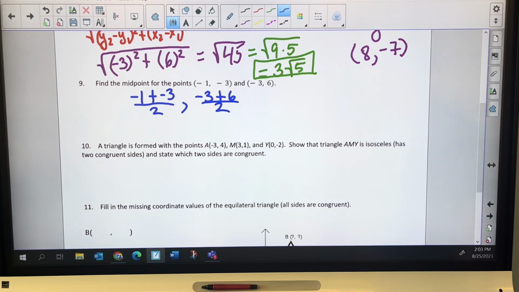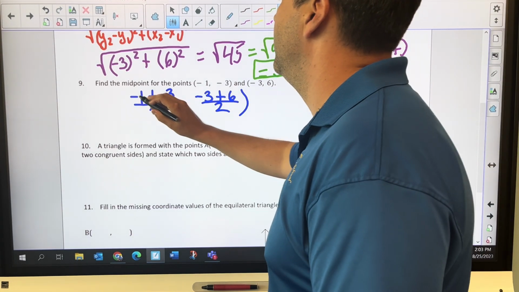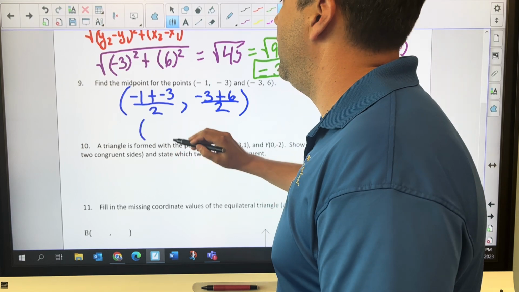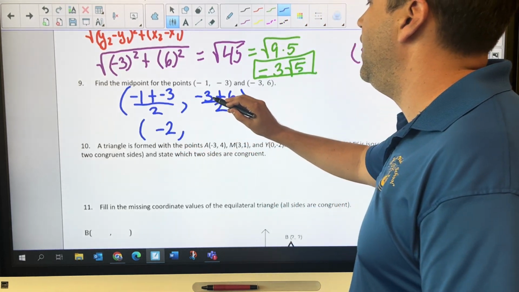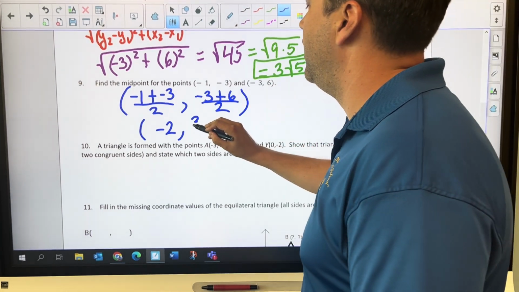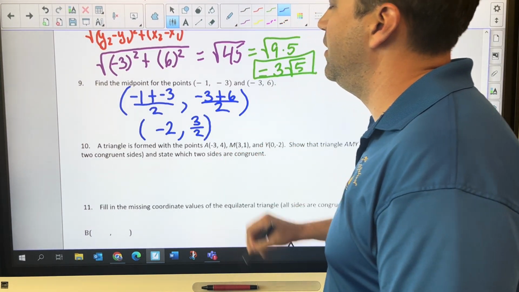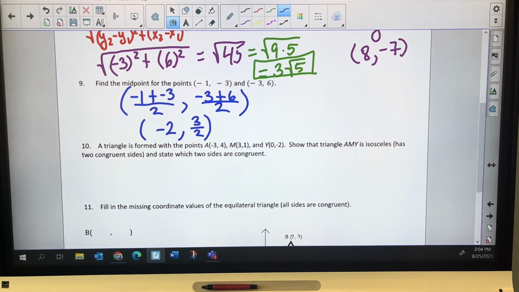So we add together our x's, divide by 2. We add together our y's, divide by 2. And we end up with -4 divided by 2 is -2. And 3 divided by 2. And I'm always going to leave that as an improper fraction, 3/2.